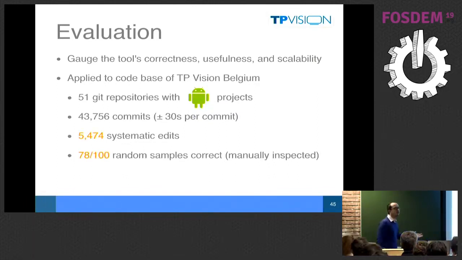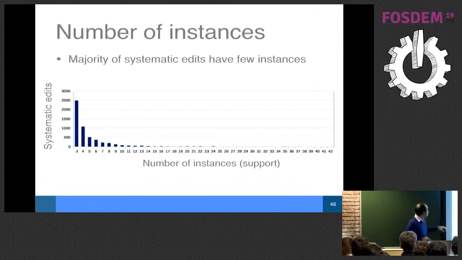And as I told you before, this is something that you always have to do. One of the problems in doing research in academia is that sometimes we don't have real developers, so it's a bit tricky, but in the end we try to be developers. What we understood from this study is that, in most cases, the majority of systematic edits have few instances.